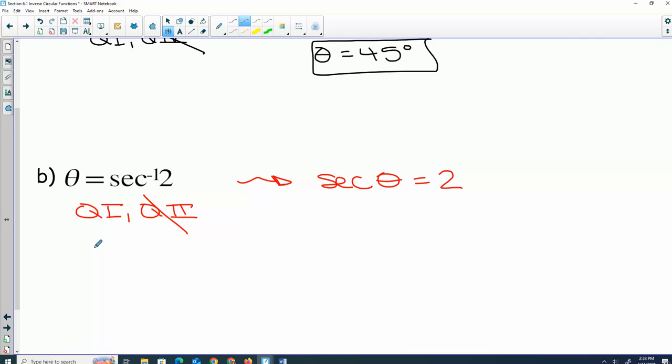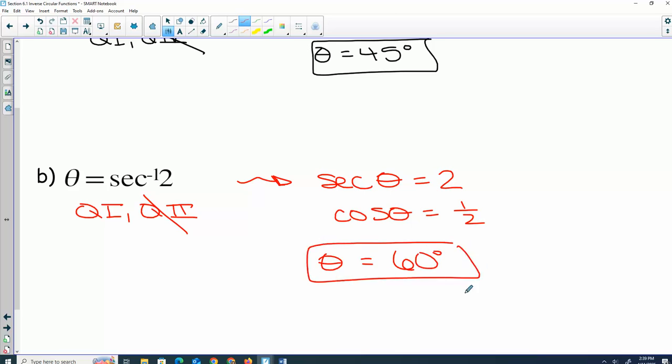Secants, cosecants, cotangents, they take me a second longer to think about. So what I usually do is just flip it. Think about the reciprocal. That means cosine is 1/2. When is cosine 1/2? 60 degrees. Okay, so all of this comes back to the hand trick or the unit circle. That's what we're going for. Are those okay?